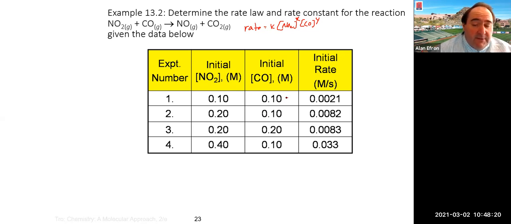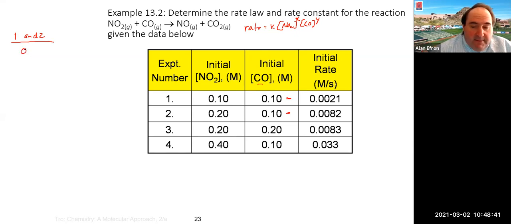So in this case, if we go with 1 and 2, that will achieve the CO remaining constant. So let's go with that first. We'll go with number 1 here and 2. And again, I'm going to go with the larger rate on top. So that's number 2 for me.